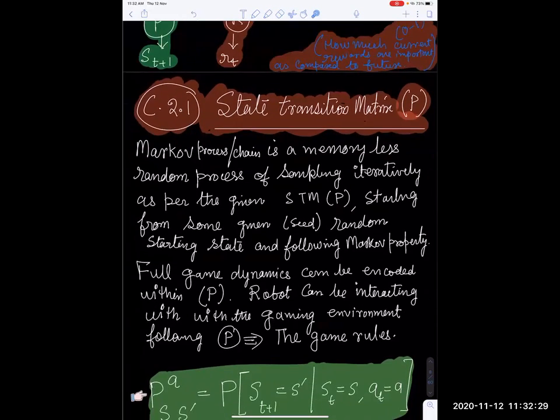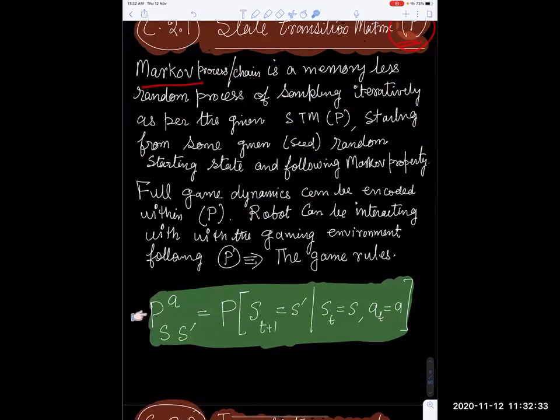The state transition matrix, as I have said, is going to be P, and it's a Markov process or Markov chain. It's memoryless, as I have said: it's only going to remember the previous thing. It's a memoryless random process. It doesn't remember the history, and it iteratively samples as per the given probability matrix, starting from some seed.